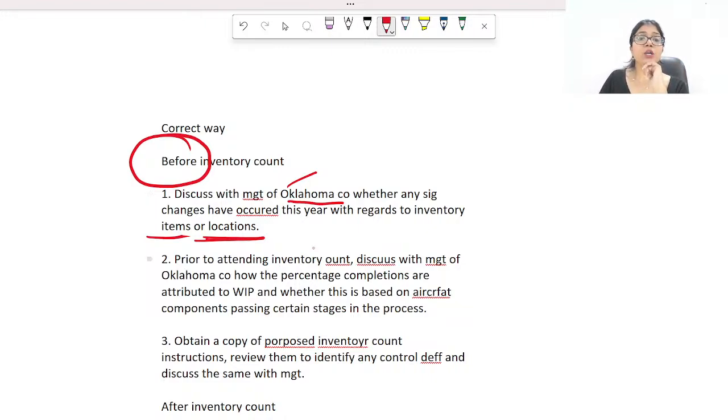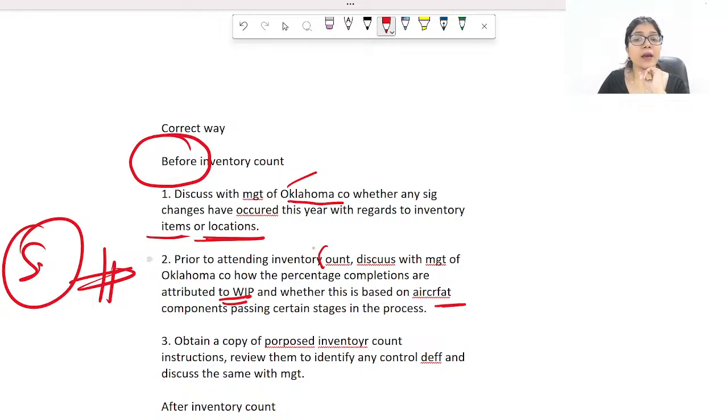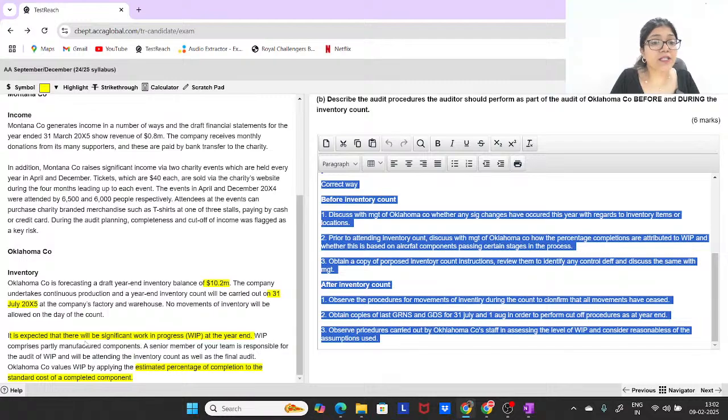Then prior to attending the inventory count, which is before only, discuss with the management of Oklahoma company how the percentage completions are attributed to WIP, and whether this is based on aircraft components passing certain stages in the process. Now this is very, very case specific, because if you see the question over here, they talked about the percentage as well. Yeah, estimated percentage of completion to the standard cost, this part as well.